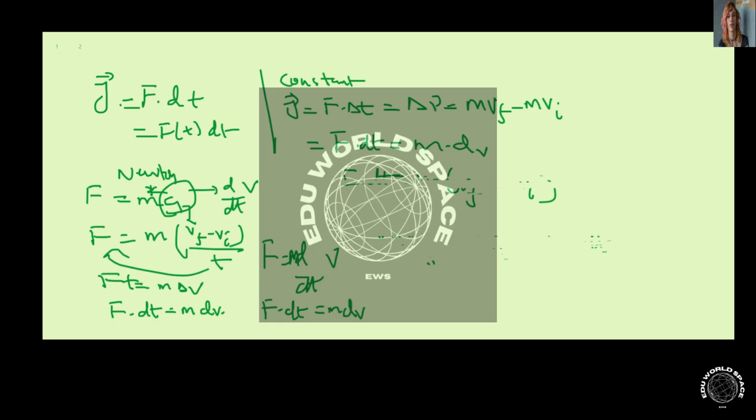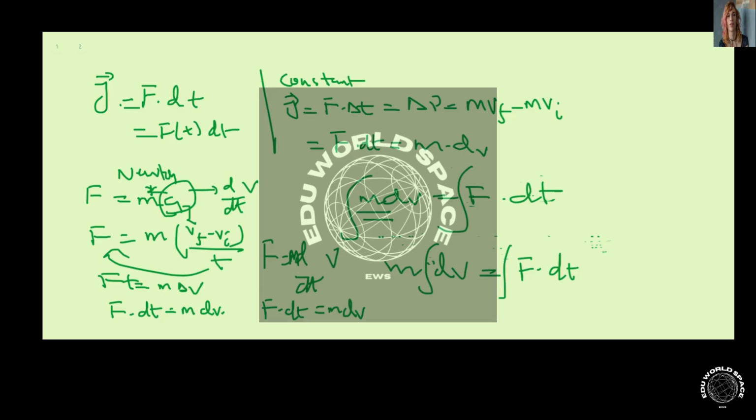We would say something like this: m dv equals F dt, and then using integrals, you do that. This is a constant, so you can pull it out. You get the integral of dv equals the integral of F dt, based on the initial time, which you can call t0, up until t final.